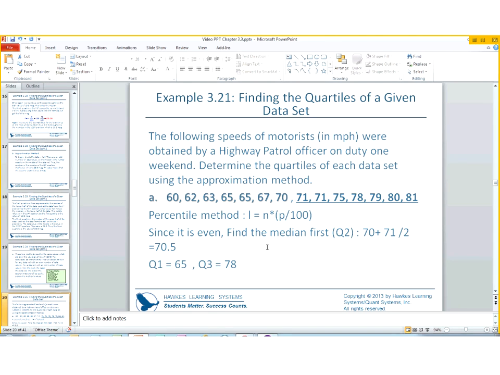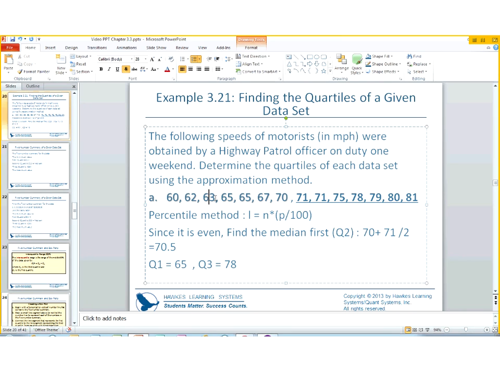Okay? So let's do a quartile example just for this one. We're going to do the speeds of motorists obtained by the highway patrol officer on duty. Determine the quartiles for each data set. I have 1, 2, 3, 4, 5, 6, 7, 8, 9, 10, 11, 12, 13, 14.